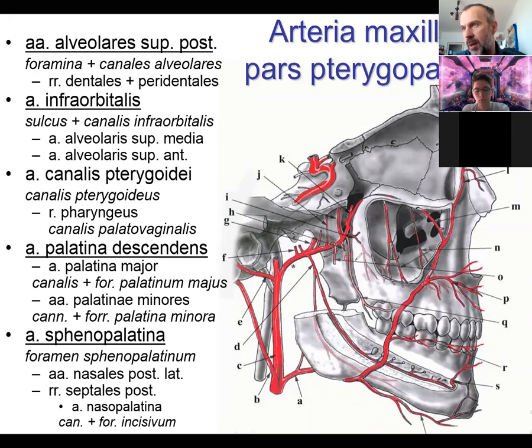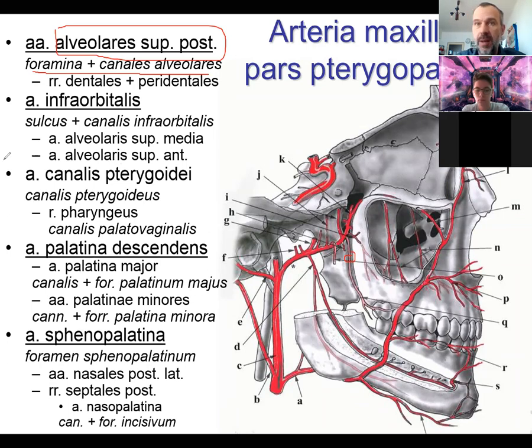So you have them here, and those are the posterior superior alveolar arteries, which go through the openings in the maxillary tuberosity, which we call alveolar foramina. And they of course supply the posterior teeth, that is the molars and some of the premolars, usually the molars only, and they supply not only the teeth but also the alveoli and the gum. So all of these.